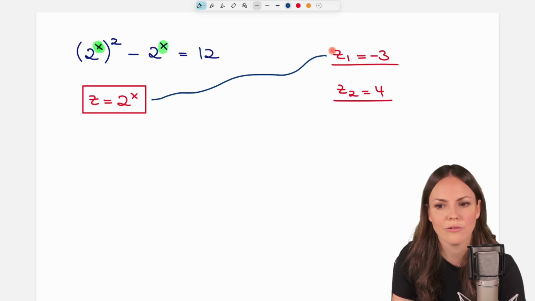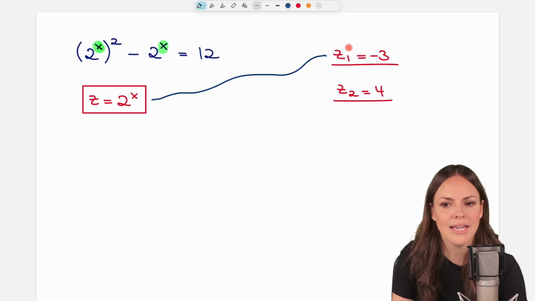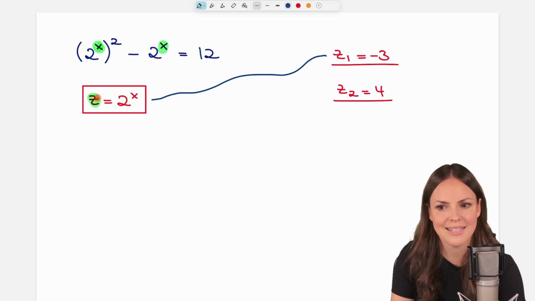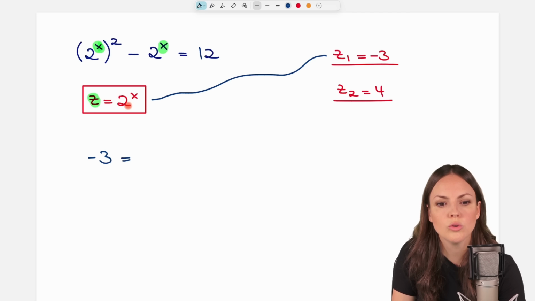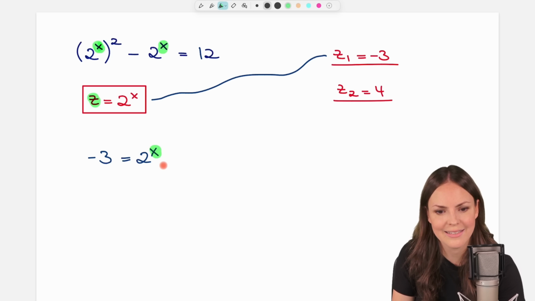So let's start with our first solution. We take the negative 3 and insert it here for the z in this equation. So instead of the z, we write a negative 3, and this is equal to 2 to the power of x. And now we have to solve this equation for x.